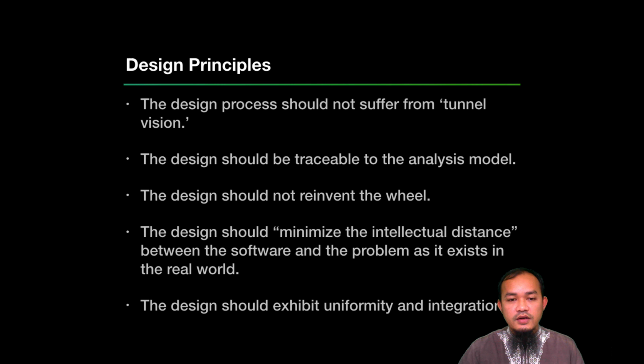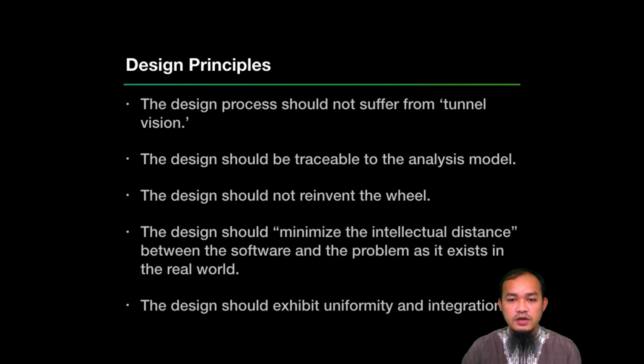The design should minimize the intellectual distance between the software and the problem as it exists in the real world. The main purpose of design is to make a clear picture of the requirement and then represent it to the development phase.